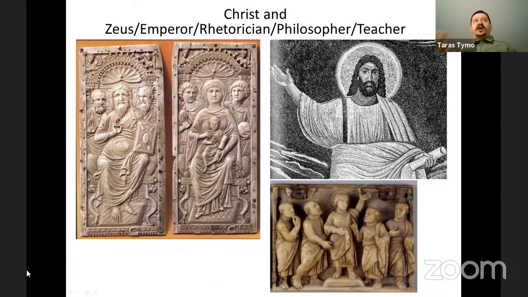Here we have a number of examples of Jesus represented as Zeus, only that he's holding the gospel book and has this traditional blessing gesture. And these are Peter and Paul, again, standing next to him. And Mary with Jesus holding the scroll, flanked by two angels, similar to the blue icon from Sinai, if you remember.